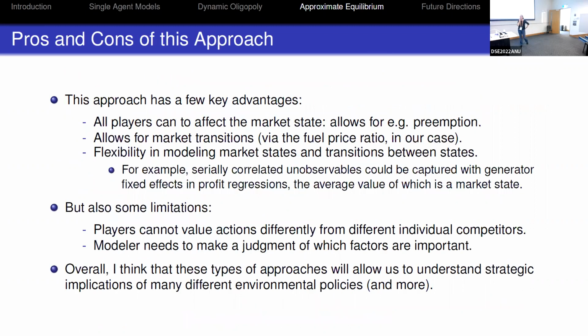Okay, pros and cons. We think it has some advantages, that's why we used it, that's why we worked so hard on it. We know all players can affect the market state. It allows for preemption. And actually Nick Buchholz sent us some emails, and he was like, I don't think you're doing it right, and we went back and forth. And then we did the counterfactual with no ability to preempt, and it basically didn't change anything.